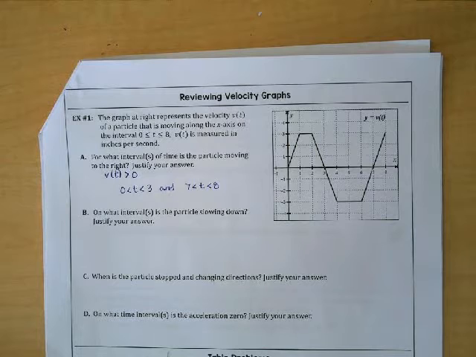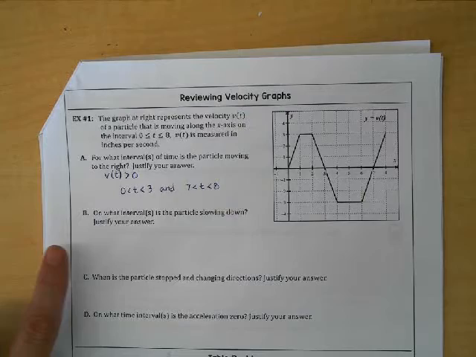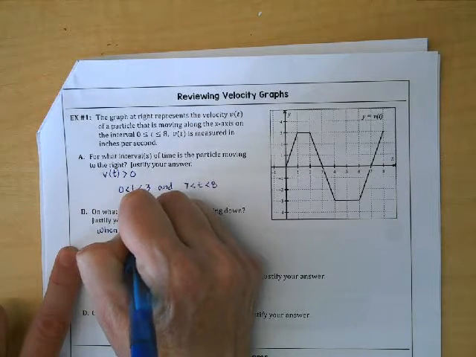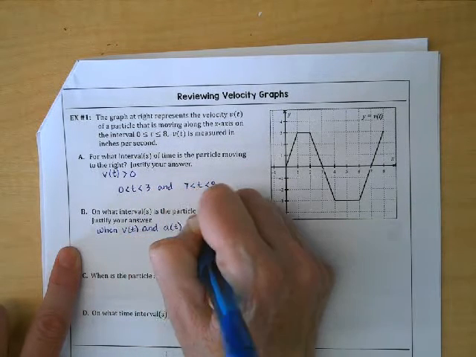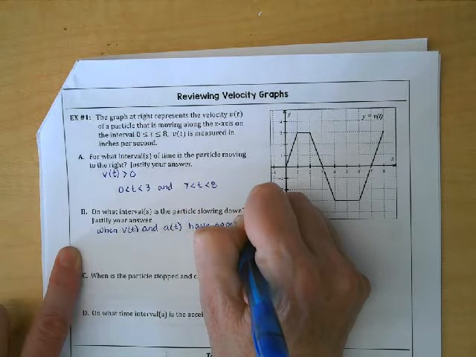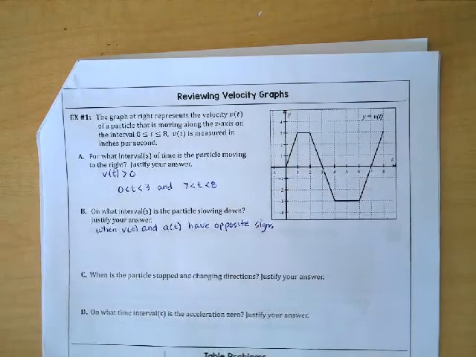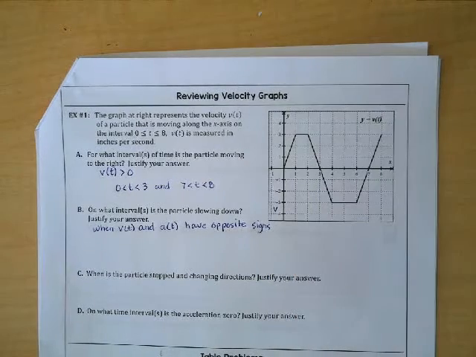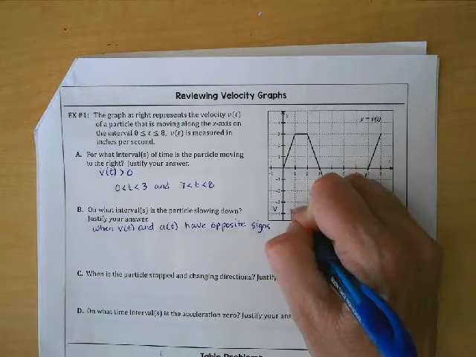What intervals is the particle slowing down? Again, we have to justify our answer. So we're going to say when V of t and A of t have opposite signs. I know it's been a little while since we've done this, but remember we made a little thing here and said, let's look at velocity. If we're above the x-axis, velocity is positive.